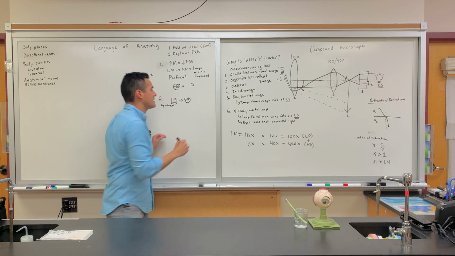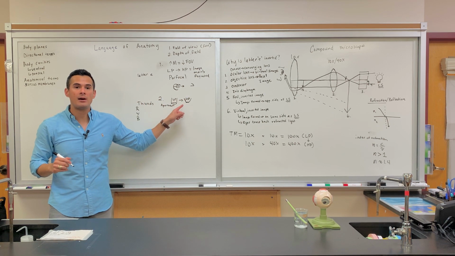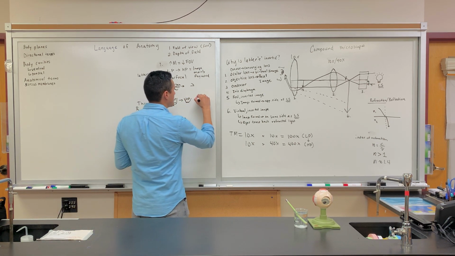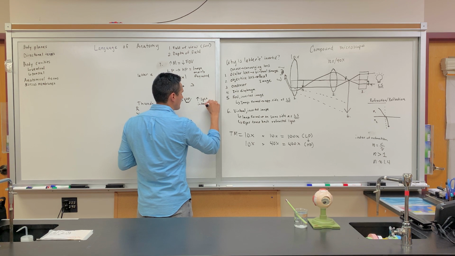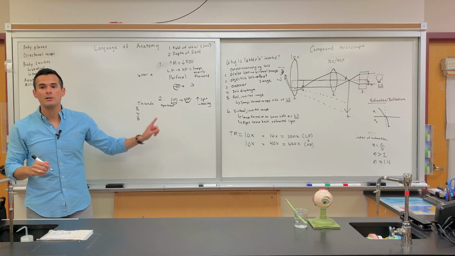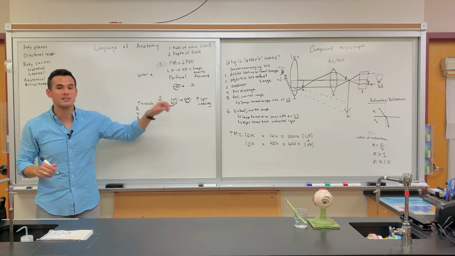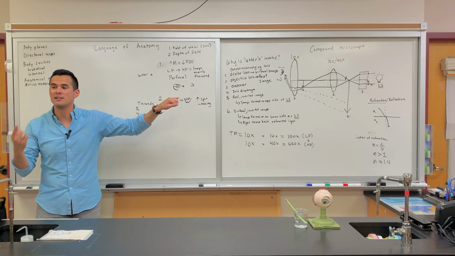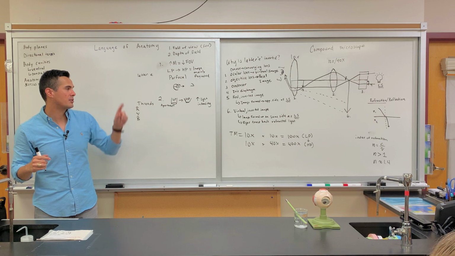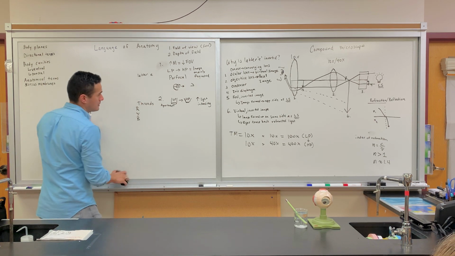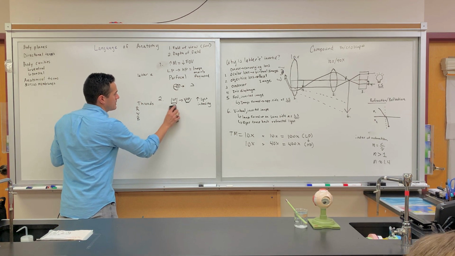So once you're in high power, you typically have to increase the light intensity, because the aperture is smaller, so not as much light is able to pass through. So you have to turn the light up a little bit. Okay, so that's a concept.